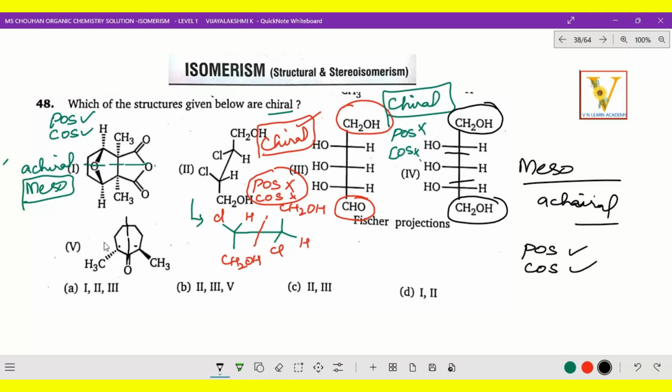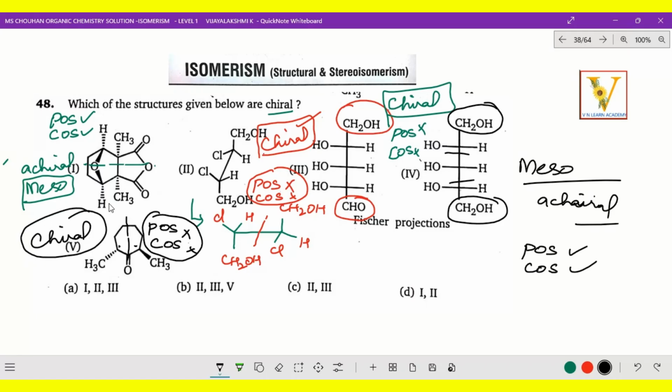So naturally this is POS, COS absent. If it is absent, it is a chiral molecule, 100%, applicable for this question.